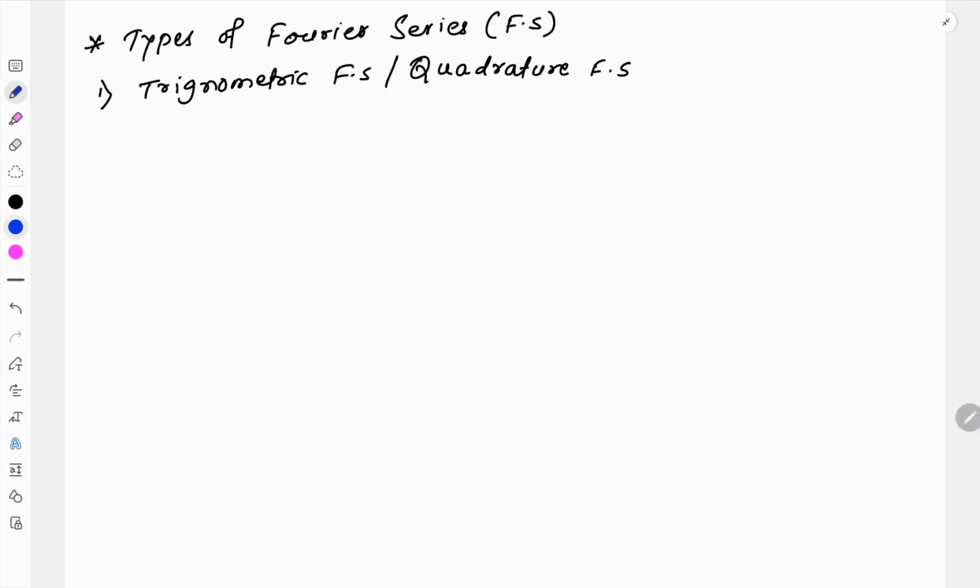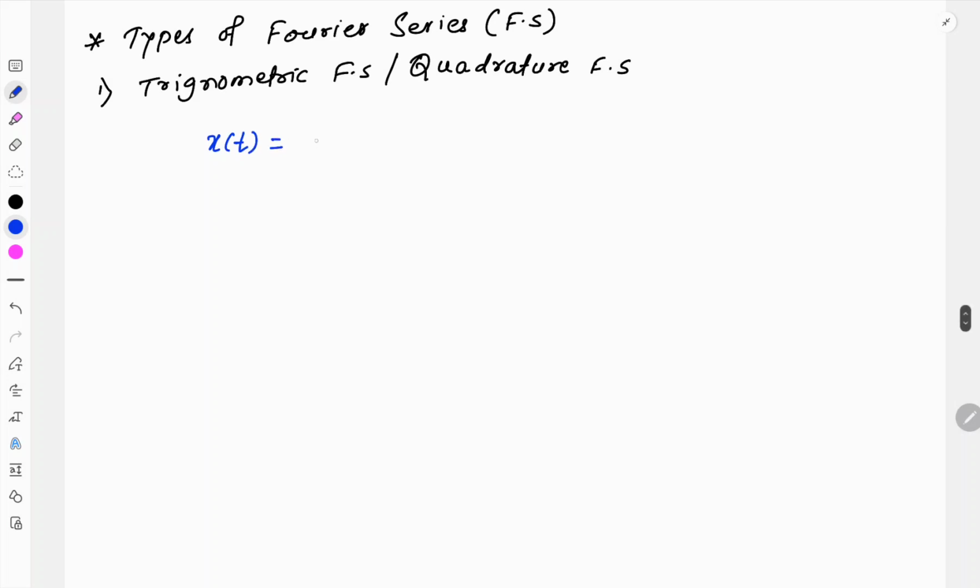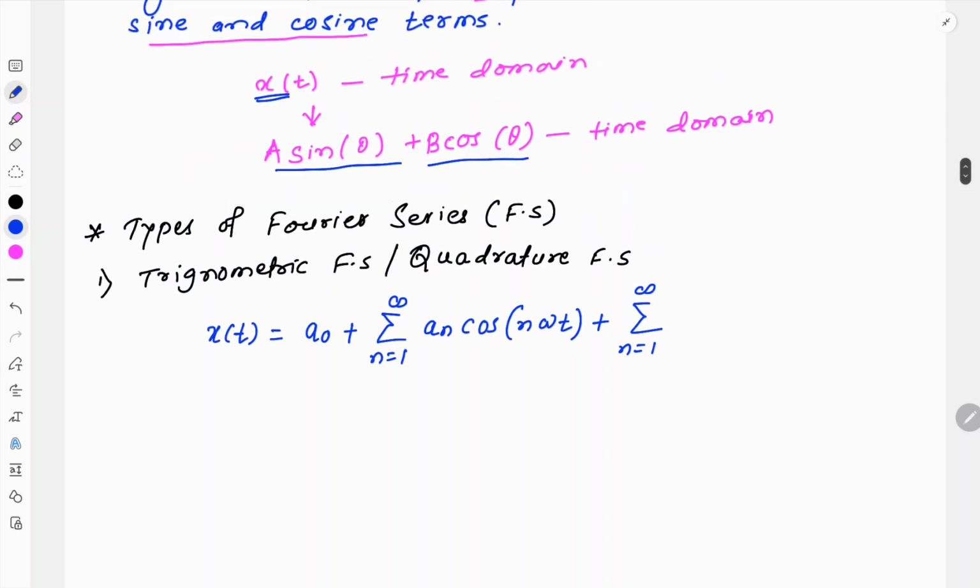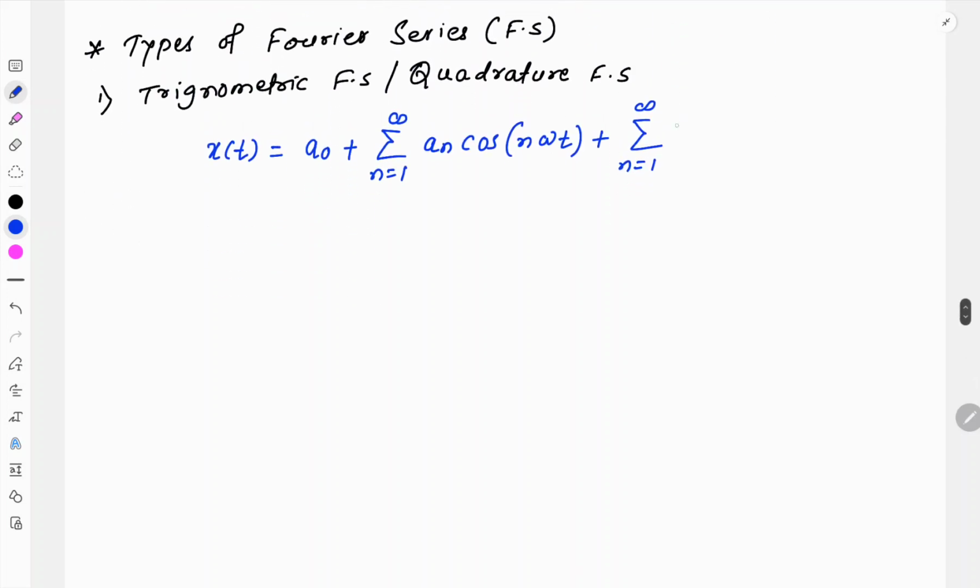In order to represent this Fourier series, towards the left hand side we have the x of t signal. This x of t signal is represented as a0 plus summation n equal to 1 to infinity an cos of n omega t plus summation n equal to 1 to infinity bn sine of n omega t.